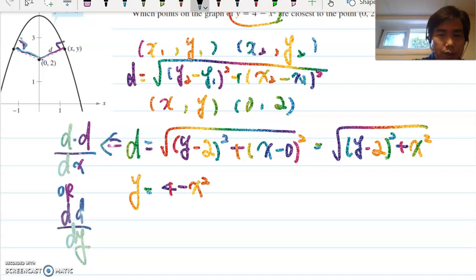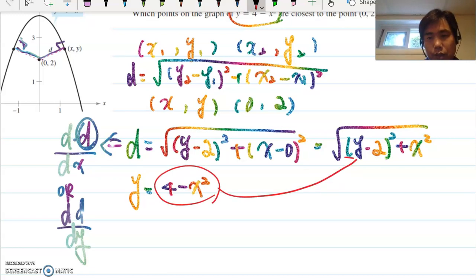Okay, so by the way, this d means distance and d will also be the derivative symbol. Okay, then now, like the previous question, we better make a one-variable equation, not two variables. So what I want to do, I'm going to input this into here.